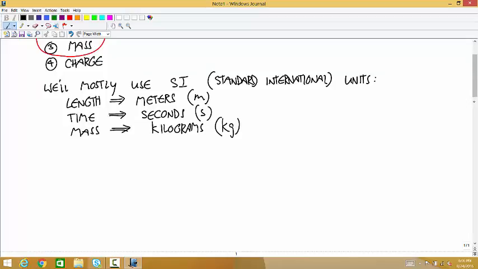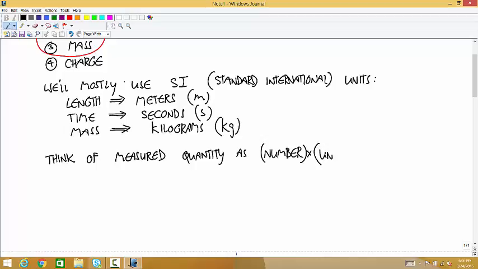When you're given a value for something that you've measured, think of a measured quantity as a number times a unit type. So a number times the unit.